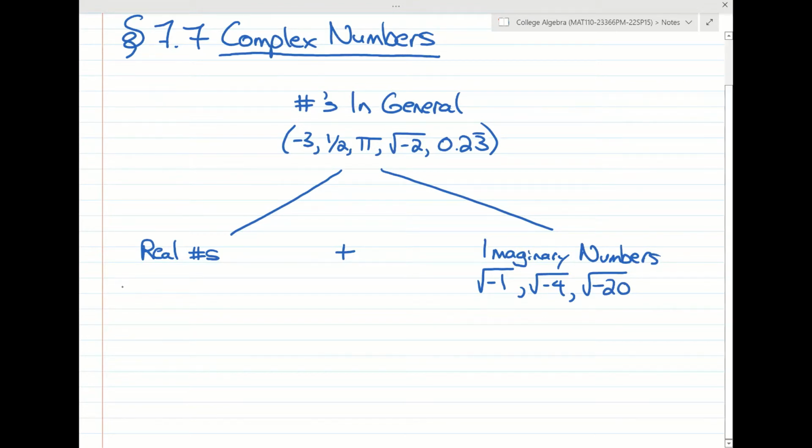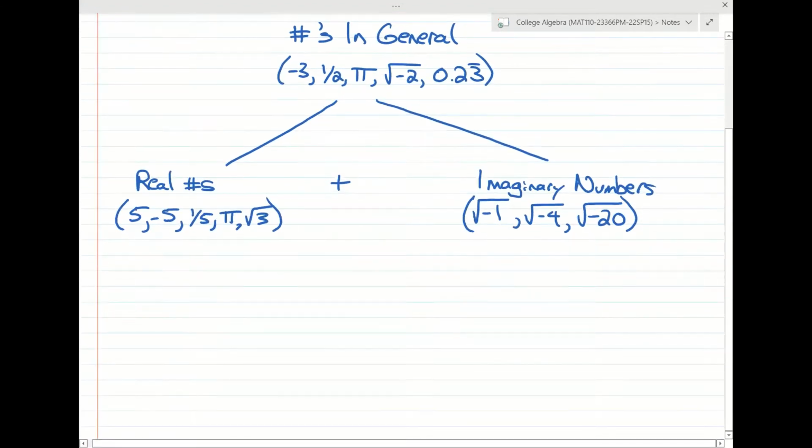You could have a real number like 5, which is a really good real number. So it's -5, or 1/5, or pi, or the square root of 3. A complex number is generally written in standard form a plus bi, where a is a real number and bi is what's called the imaginary number.